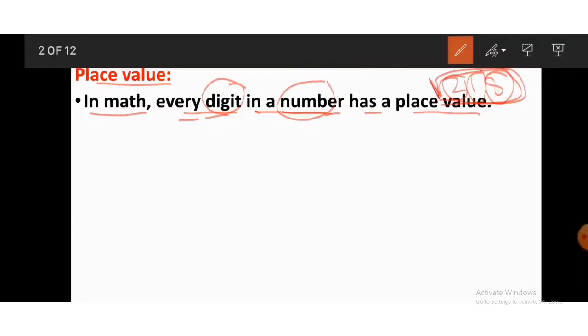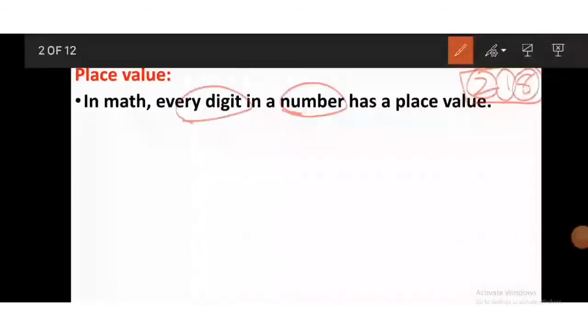So this 218 is a number, with 3 digits, 2, 1 and 8. Is it clear? The whole is called a number and the individual numbers in it are called the digits.